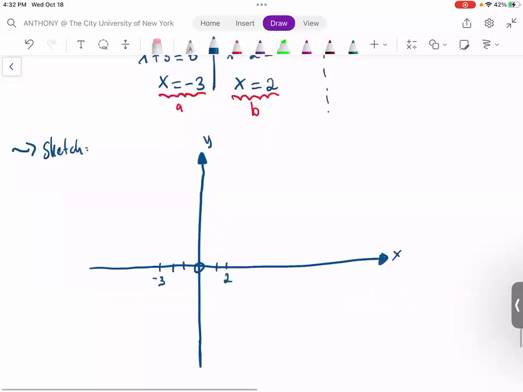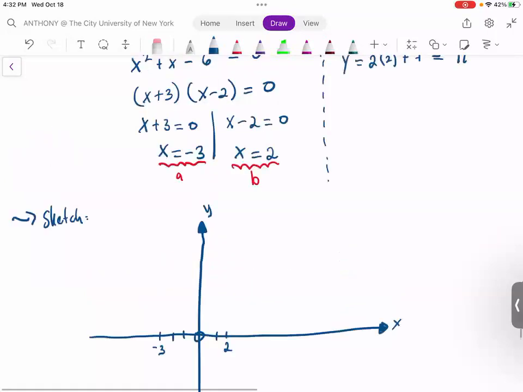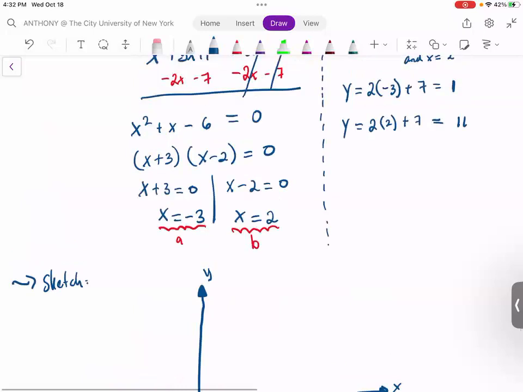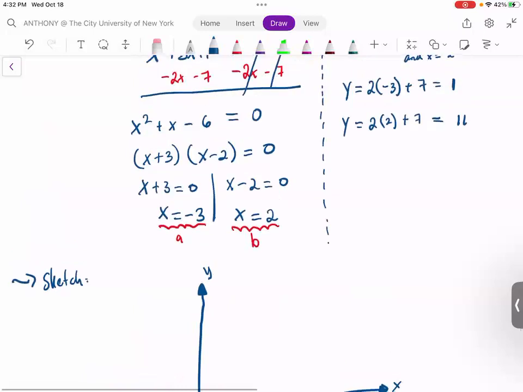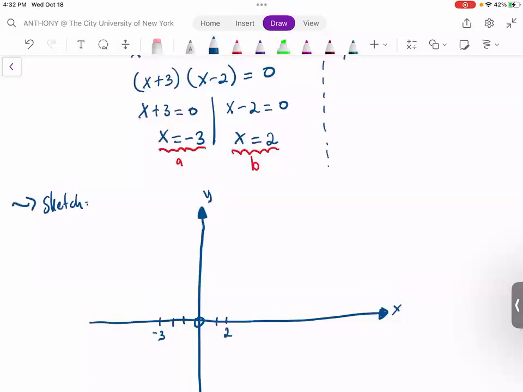Okay. We have when x is -3, the y value is 1. So that'll be somewhere here. When x is 2, the y value was 11. So 2, 3, 4, 5, 6, 7, 8, 9, 10, 11. Boom. All right. So we can graph our equations.